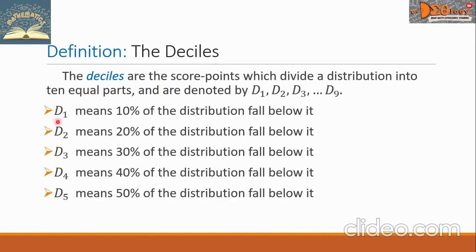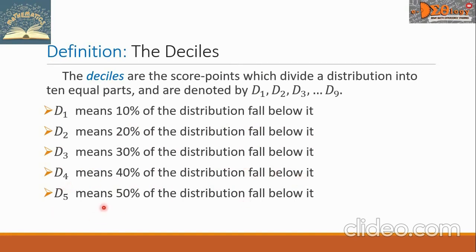The d sub 1 value denotes that 10% of the distribution fall below it. For d sub 2, it means 20% of the distribution fall below it. For d sub 3, it means 30% of the distribution fall below it. D sub 4 means 40% of the distribution fall below it.